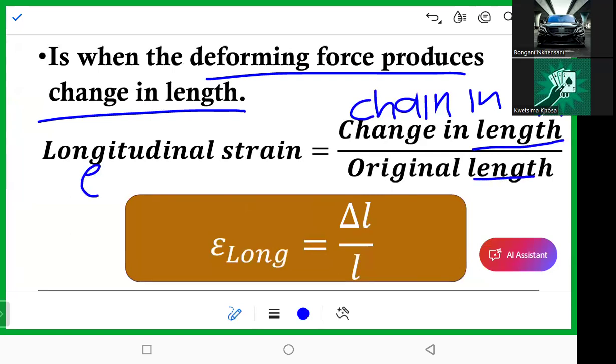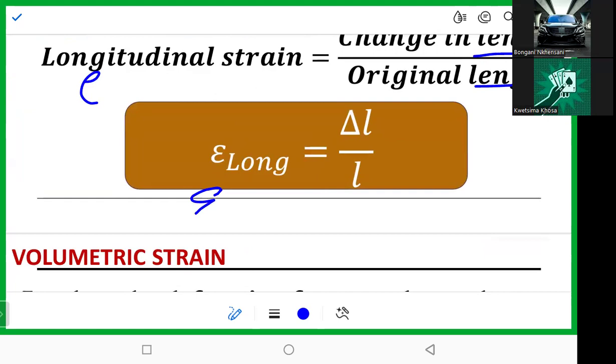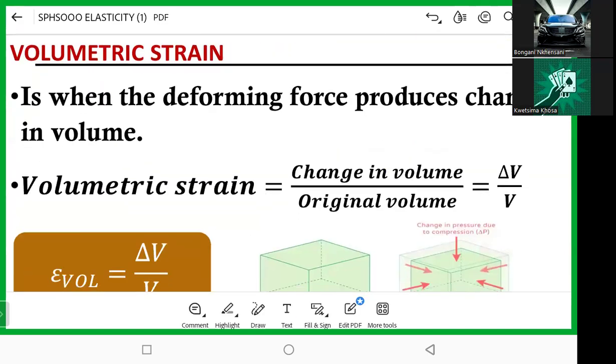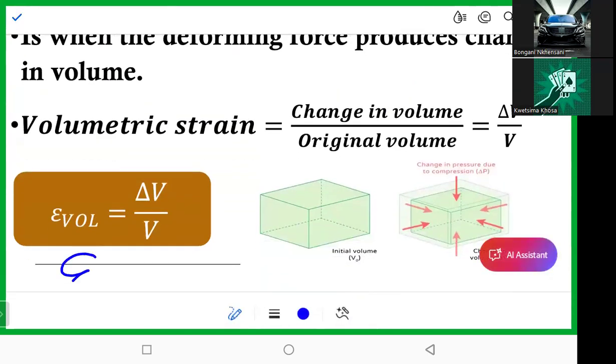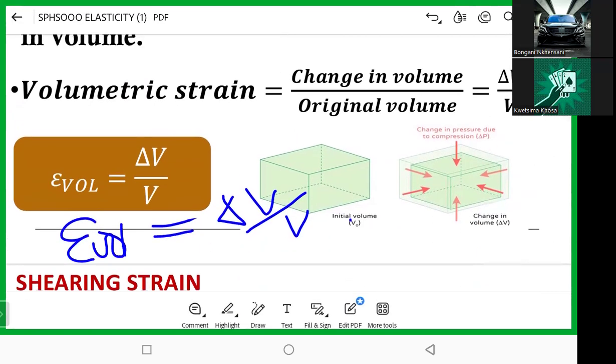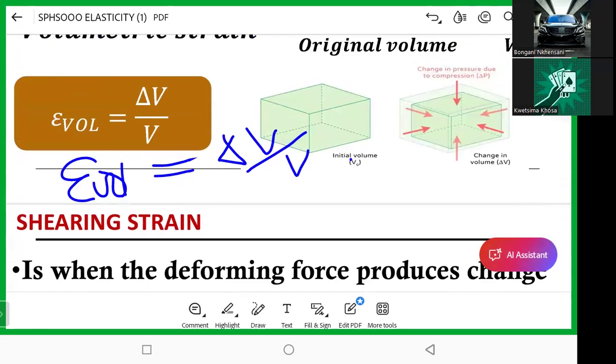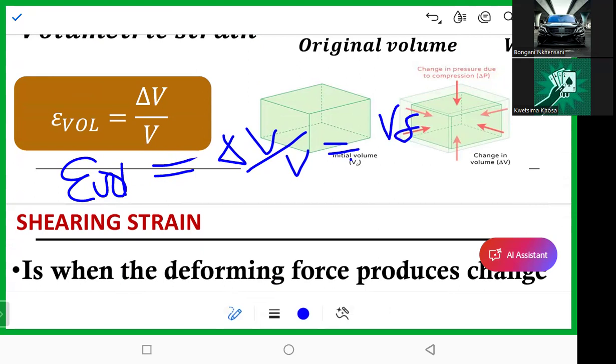A longitudinal strain will be given as change in L over L. So what you have to know now is just to apply these formulas. Volumetric strain is change in volume over V, and change in volume, obviously, will be V final minus V initial over V.